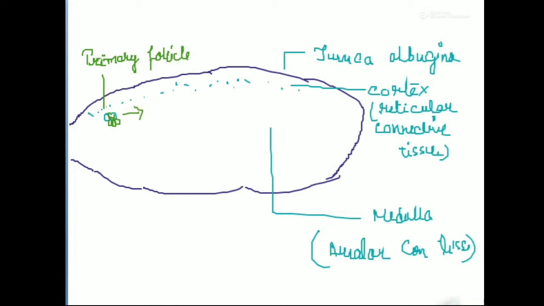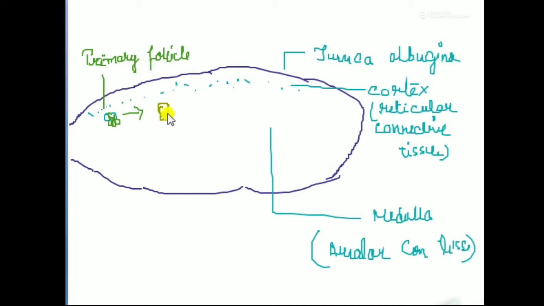When it grows later, it looks like this. One gets bigger and another remains the same. That means from all these primary follicles, one follicle will mature and the others will remain small.